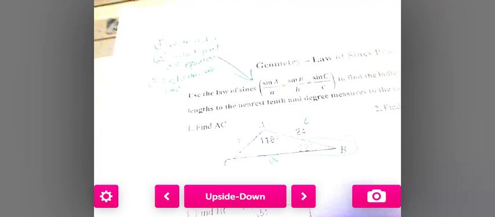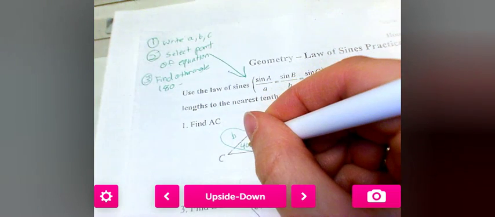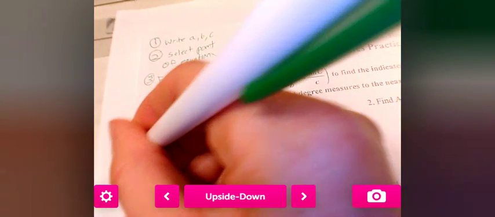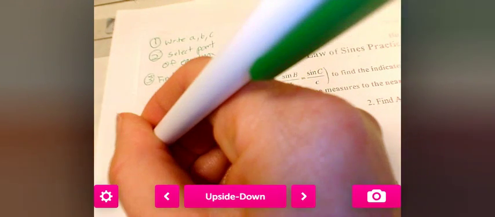So if I take 180 minus 118 minus 22, I end up with 40 degrees. And now I know I'm going to use sine b over little b equals sine c over little c.